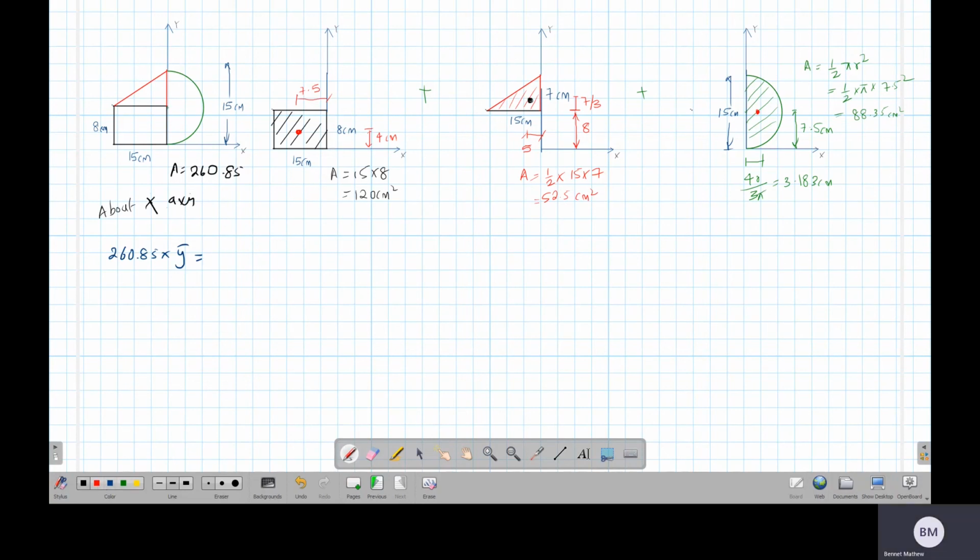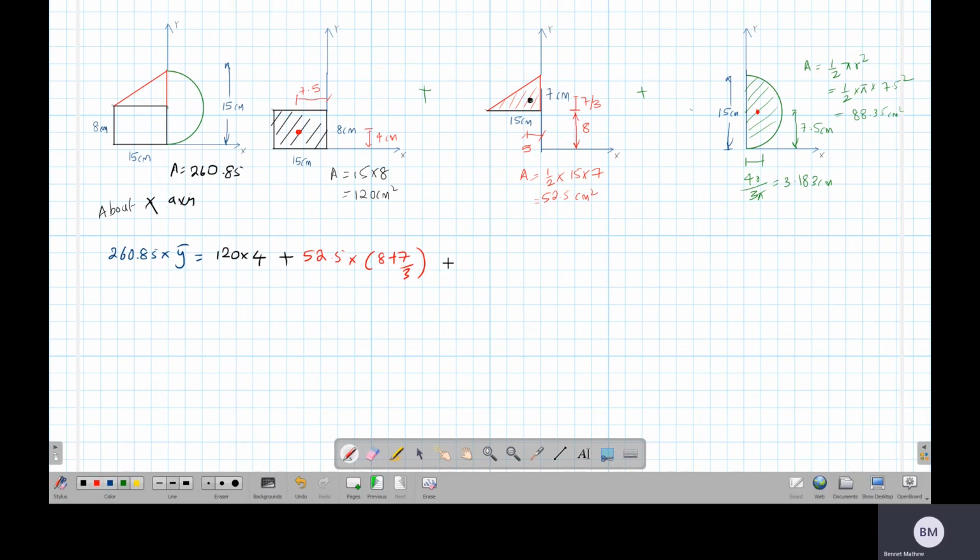this area 120 times the perpendicular distance, which is 4. Then plus this area 52.5 times the perpendicular distance from x axis, so either 8 plus 7 by 3, I'm sorry, 7 by 3. Now you can observe we are getting all values as positive.